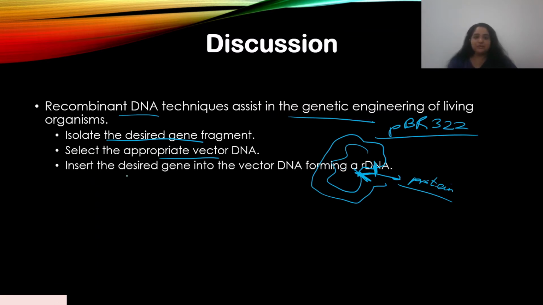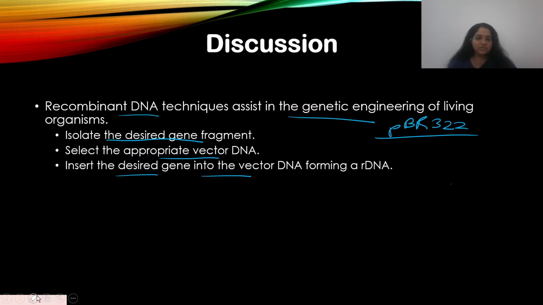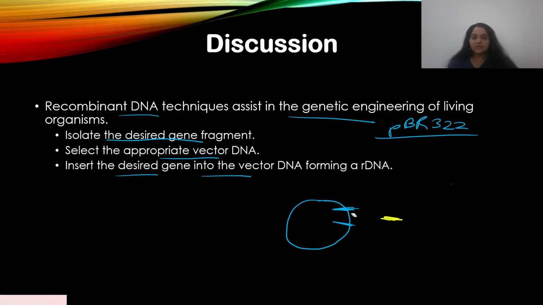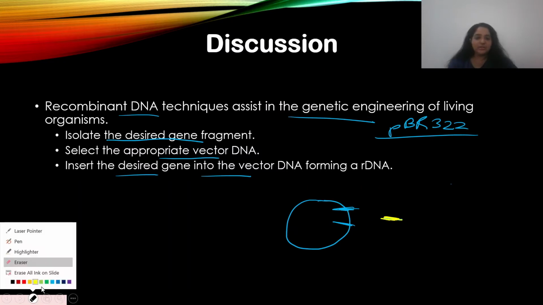Now insert the desired gene into the vector DNA, forming rDNA. You've identified the gene, you've identified the particular vector that can be used. So let's say you have pBR322 and you use the restriction enzyme to cut this particular fragment of the vector, and you already have your isolated gene fragment over here. So now you have space created over here for this gene fragment to enter.